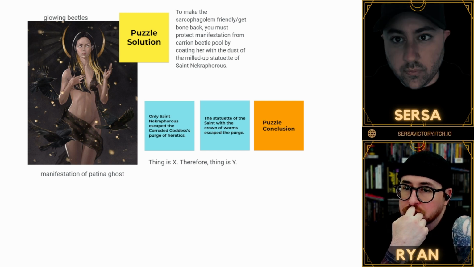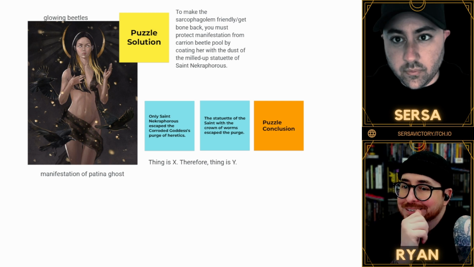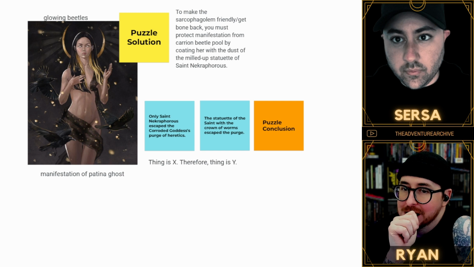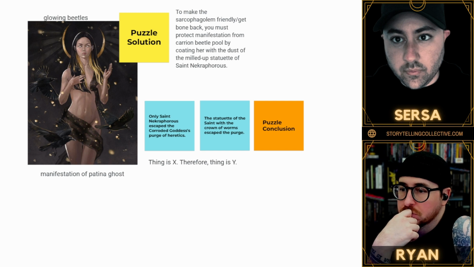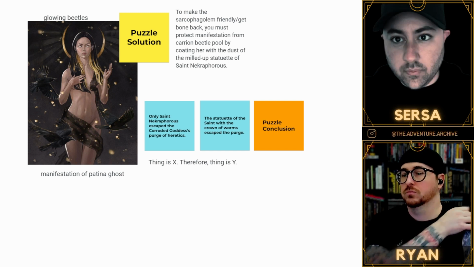Yep. So we could go that direction, or we could link it to the... It's hard to explain without getting really into syllogisms, but basically you have these different terms that you're referring to. In this case, we have Saint Necrophorus, so the second premise would identify her.